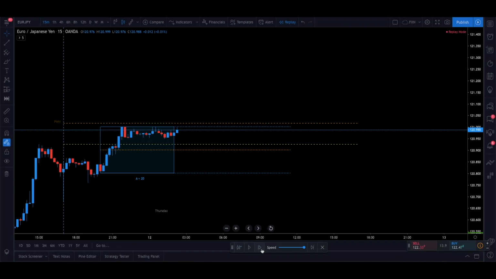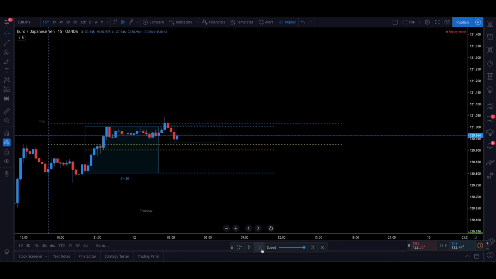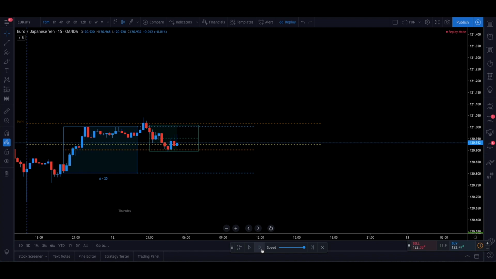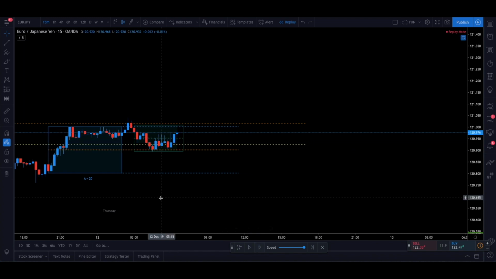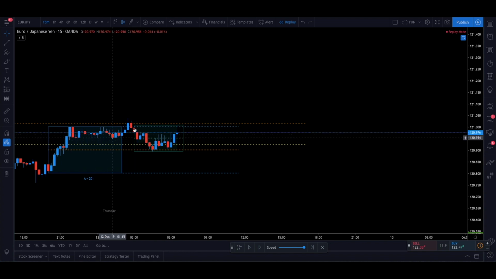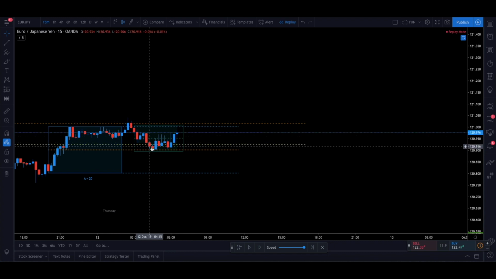All right, so here's another one. As we start moving, look, you don't have a second leg here, so you may not see this as a type 2 setup, but I want you guys to see what happens here.